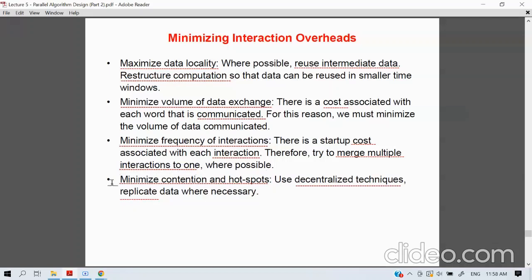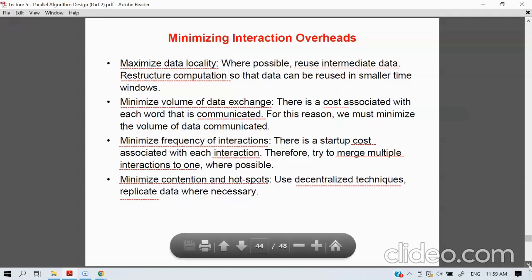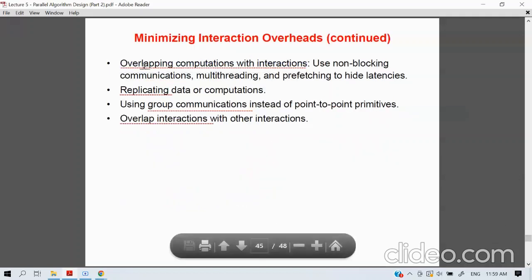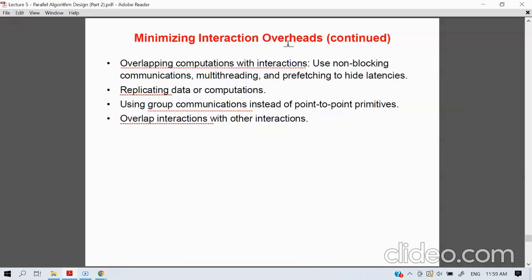Option number 4 is to minimize contention and hotspots, by using decentralized techniques and replicating the data where necessary. Another option is overlapping computation with interaction, either by using non-blocking communication, multi-threading, or pre-fetching to hide the latency.